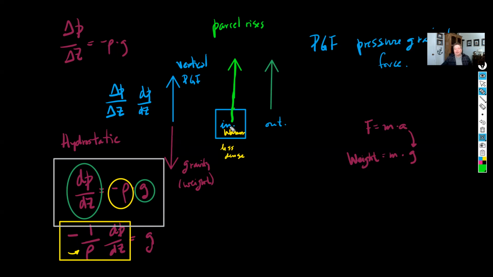An instructor, a mentor of mine, once asked, well, how does the parcel know it's warmer than outside? It doesn't have to. It looks straight up and sees a bigger pressure gradient, and therefore it will ascend. It ascends by itself, and that's unstable. So buoyant air is unstable.